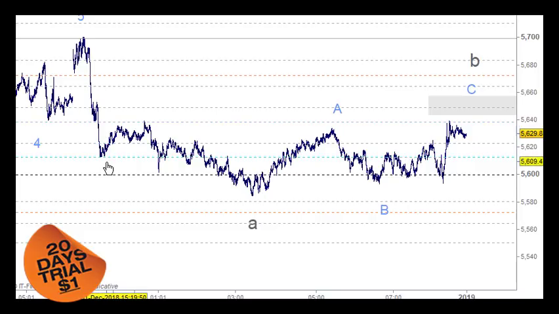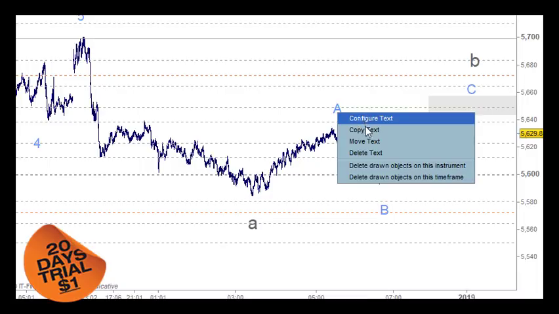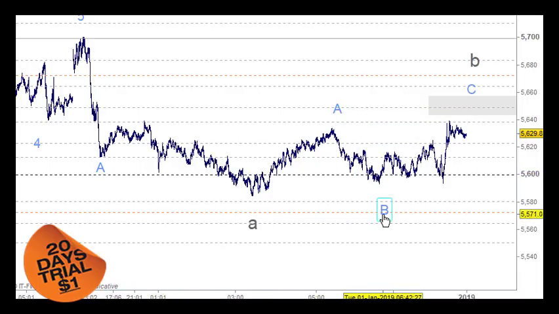So we've got 5 waves, and then it looks like we've got some type of correction, and if you've got a keen eye you see 1, 2, 3, 4, 5 here, and then this would be an ABC. If this is wave 1 here, then where's wave 3 in here? So this really looks like, if I can just copy these here, an A wave here, B wave over here, and a C wave over here.